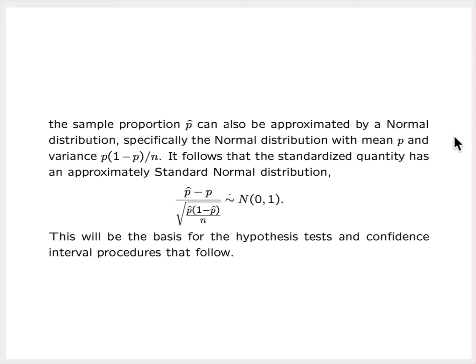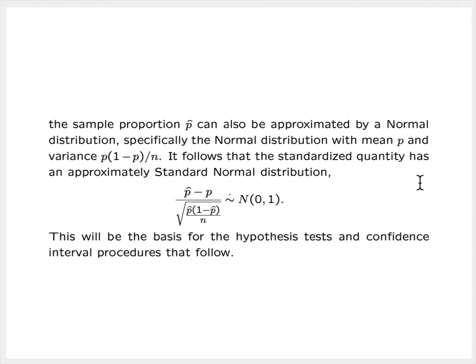And if you think back to Module 2 on sampling distributions and the central limit theorem, you'll recall that the last section in that module was on the normal approximation to the binomial distribution. And there our focus was on approximating the sampling distribution of x itself. But because the sample proportion is just x over n, we can use that information that we learned there to determine what we're saying here.